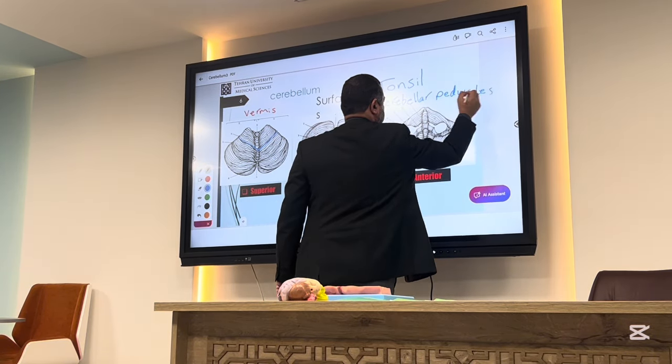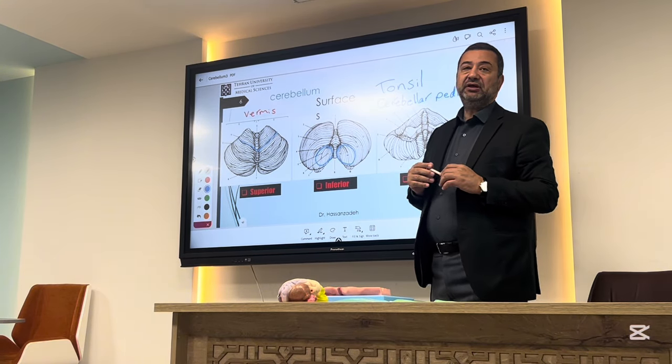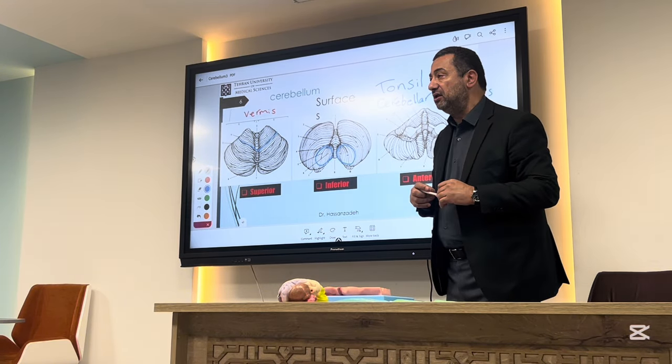Superior cerebellar peduncles connect midbrain to the cerebellum. Middle cerebellar peduncles, or the largest one, connect pons to the cerebellum. And inferior cerebellar peduncles connect medulla oblongata to the cerebellum.